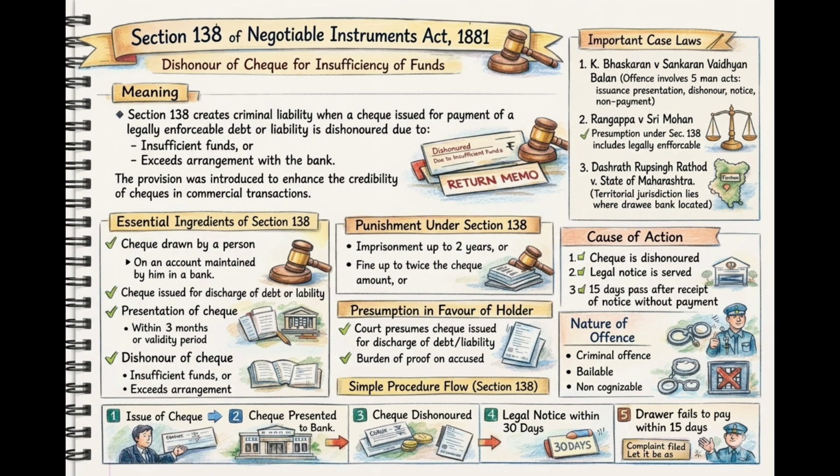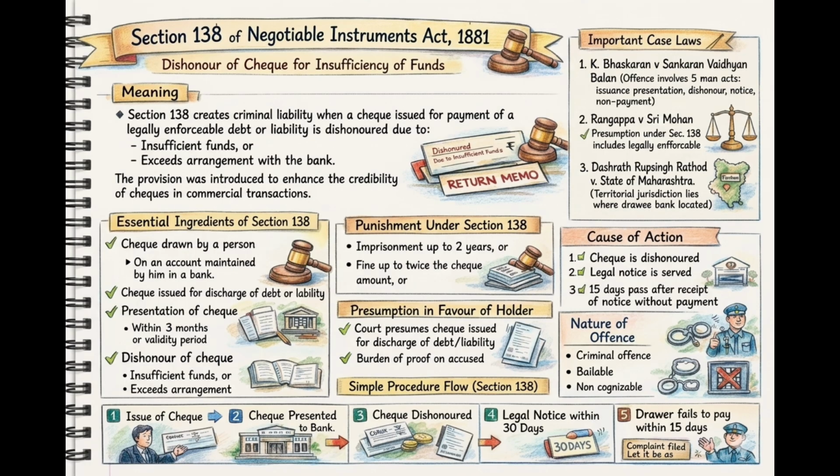Section 138 creates criminal liability when a check issued for payment of a legally enforceable debt or liability is dishonored due to either insufficient funds or exceeding the arrangement with the bank. The provision was introduced to enhance the credibility of checks in commercial transactions.